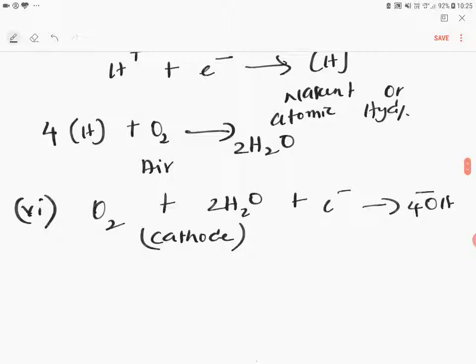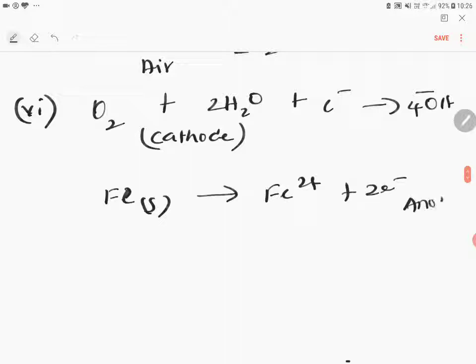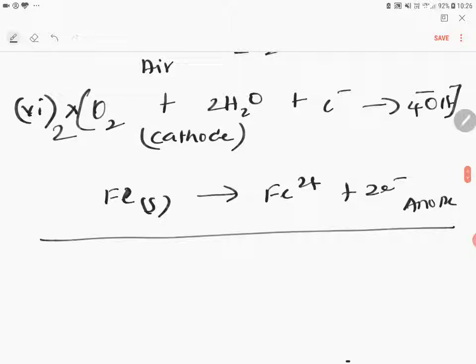Now you take the two equations, cathode and anode. Iron solid giving you Fe2 plus and 2 electrons, this is the anode, and the above reaction is the cathode. If you add these two reactions and multiply the first equation by 2, you will get the answer.